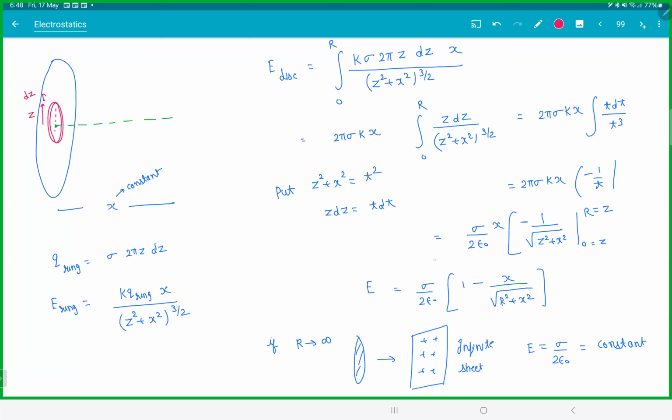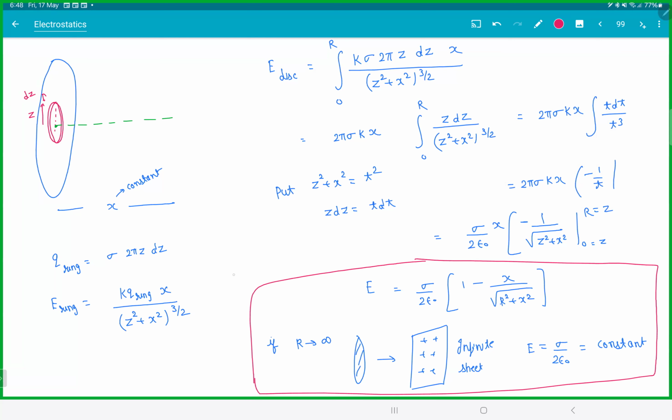Field due to an infinite sheet. Later on, we're going to prove that using Gauss law, but you can prove this with this also. This is the field due to the disk, and there is a field due to the infinite sheet. Have a look at this.